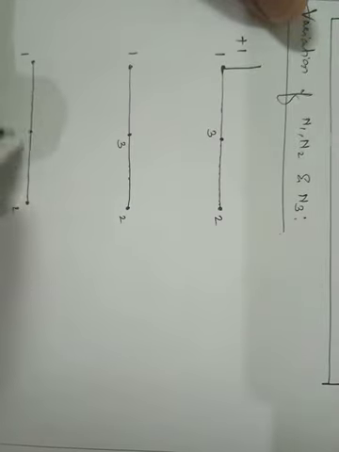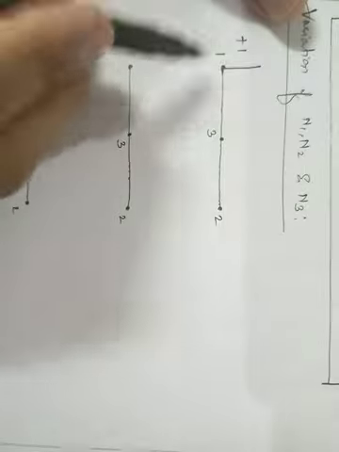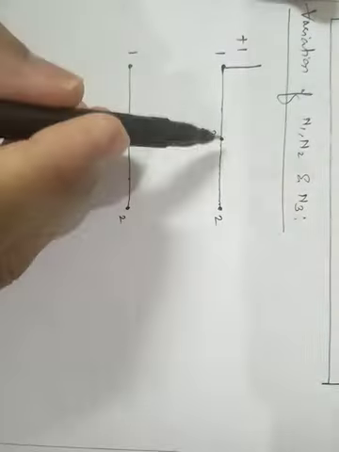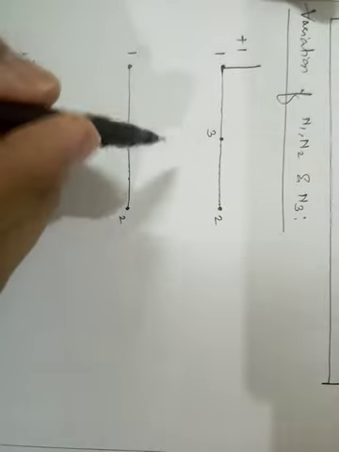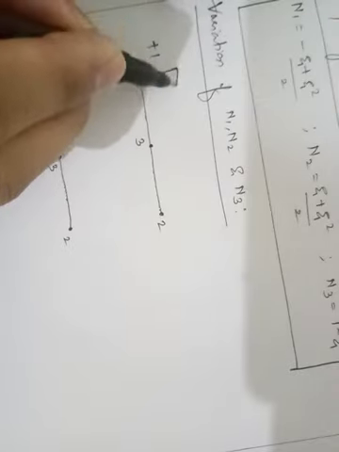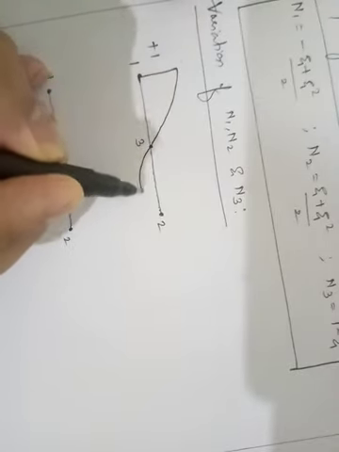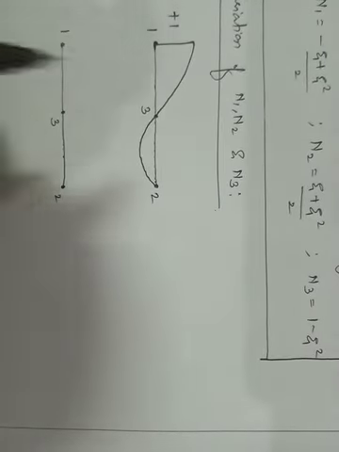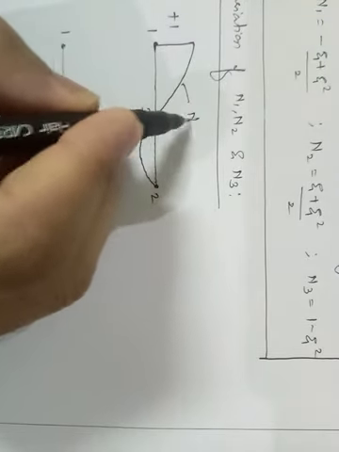Node 1, node 2 and node 3. So value of shape function for n1 at node number 1 is 1, and for all other terms it is 0, right? So how you are going to show it? I need to draw a curve like this, right? So this is how you are going to show the variation, and this curve is n1.